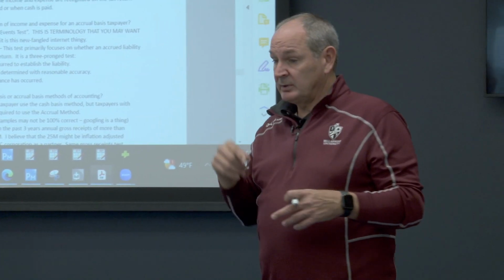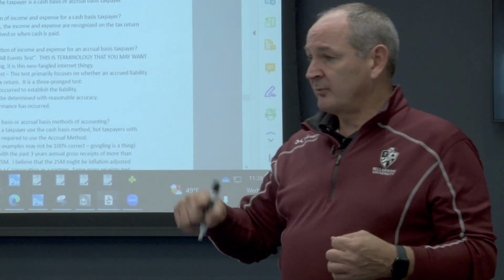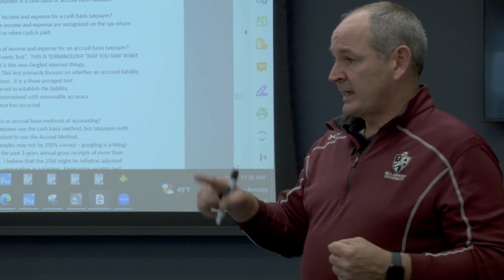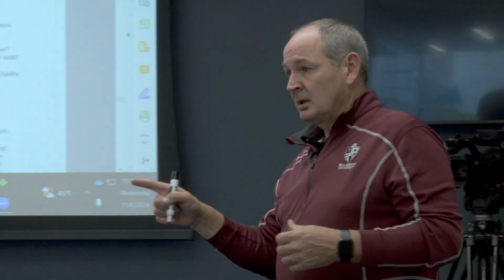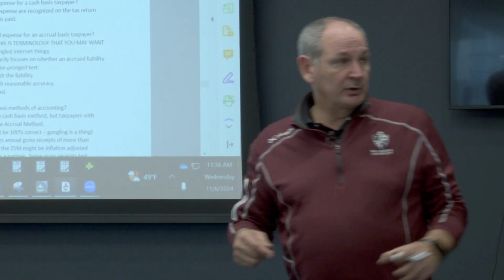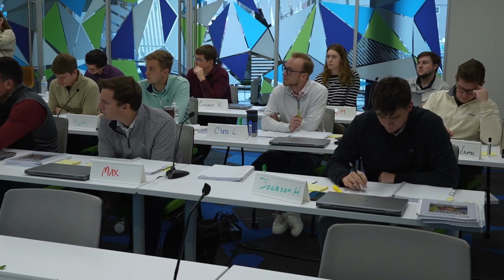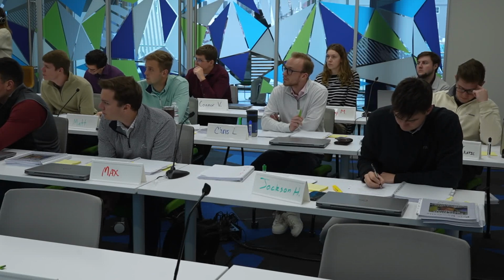Can the liability be determined with reasonable accuracy? Generally, that's going to be true. The last point, though, economic performance. That's the trick. Okay? Economic performance in measuring whether you have a liability that you can accrue for tax purposes is the trick. And for goods and services, economic performance, and I'm quite confident that this is in here somewhere, and we'll go over it.